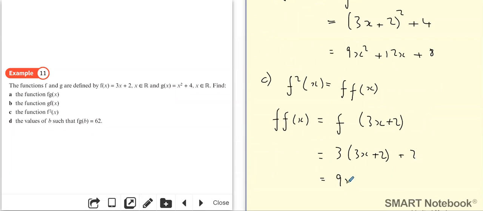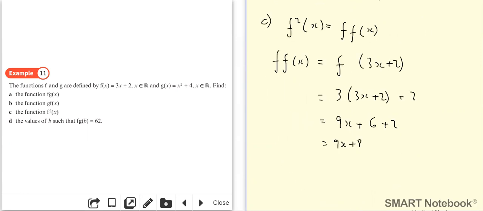So we get 9x plus 6 plus 2, which is 9x plus 8. Okay, was that okay? All right, so you know what you're doing wrong there.